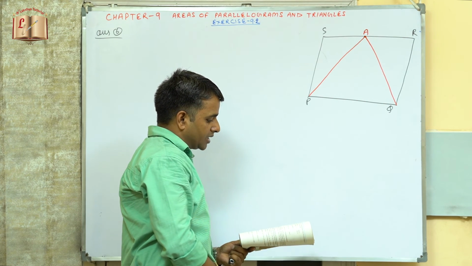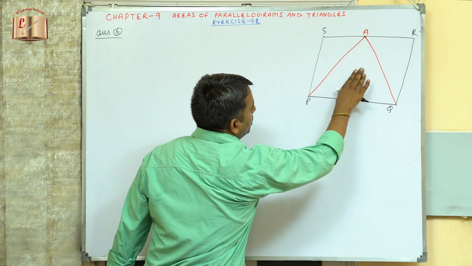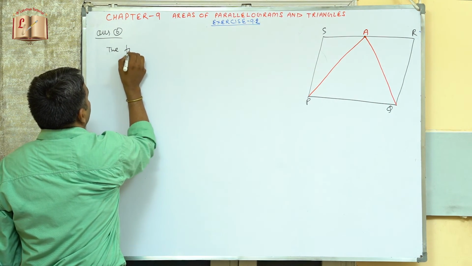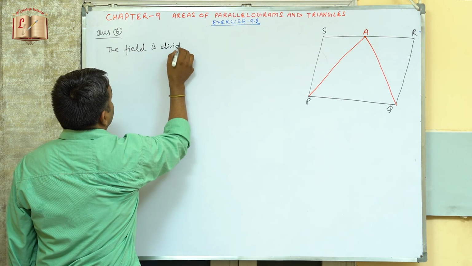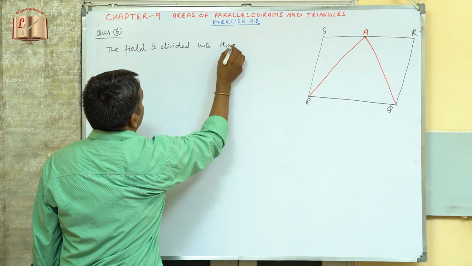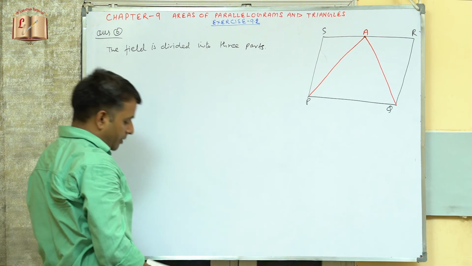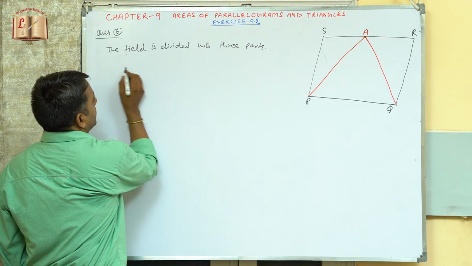In how many parts is the field divided? So now field is divided into 1, 2 and 3 parts. So the field is divided into 3 parts. What are the shapes of these parts?